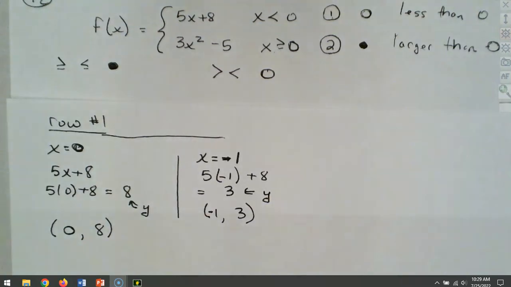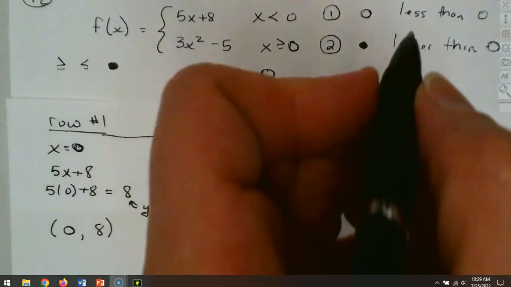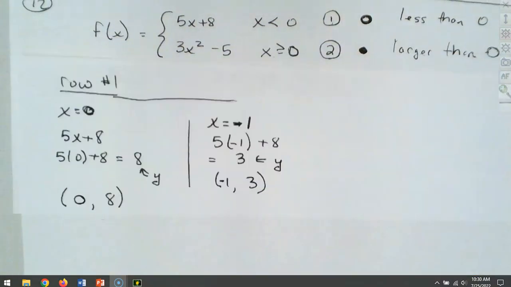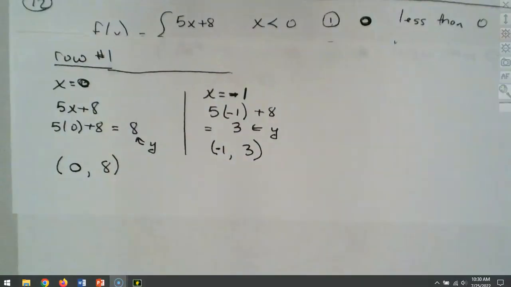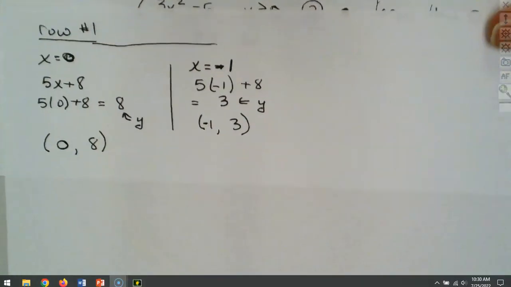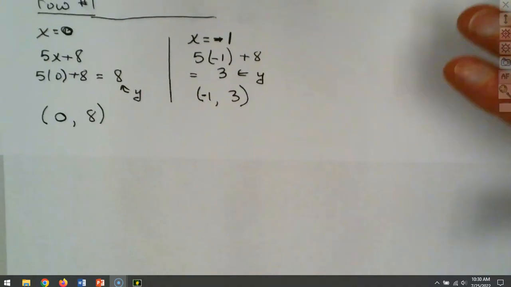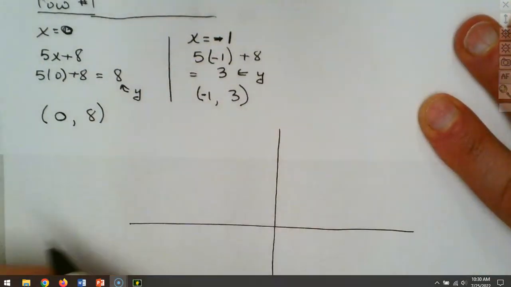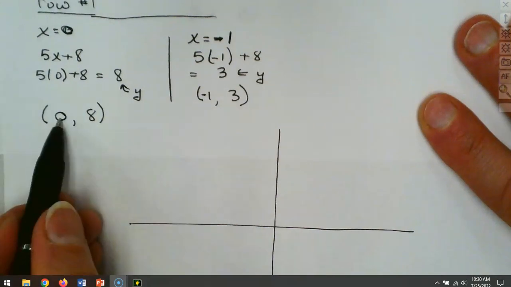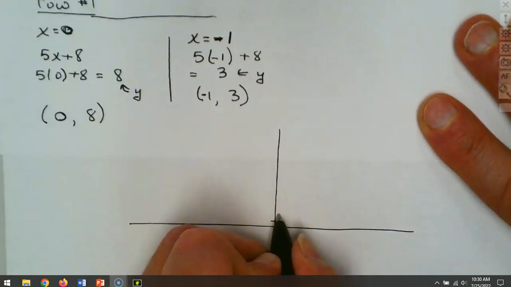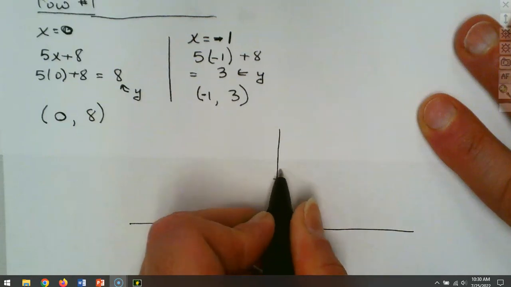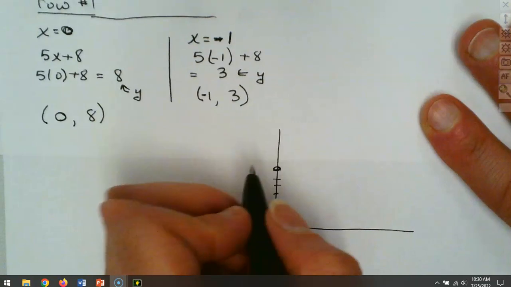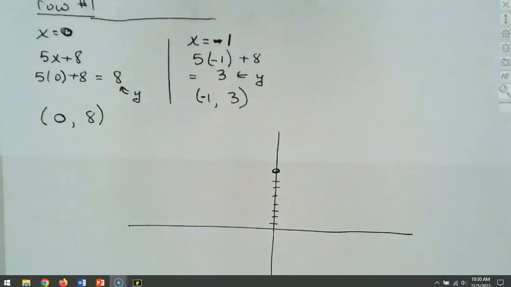So let's take a moment to graph this one. Now notice it is less than 0. So that means we're going to have to be using an open circle. And what we do is we just plot our points. And we're at (0, 8). And we're going to be using an open circle. So let me make sure you can see that that's an open circle.